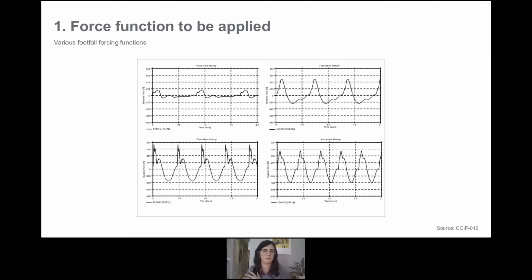These are four different examples of four different people walking. There's a million different ways, it varies from person to person. So you really just have to find something that's reasonable and statistically representative, while understanding your probability of exceedance and things like that. So you have to worry about the force that you will need to consider.